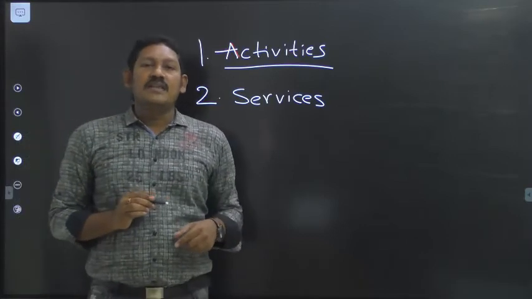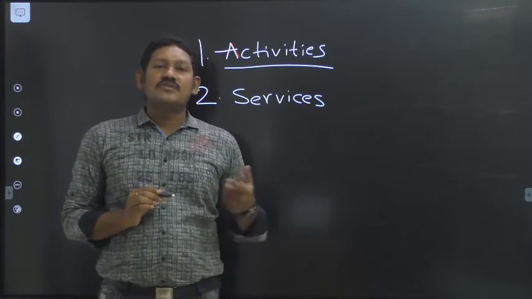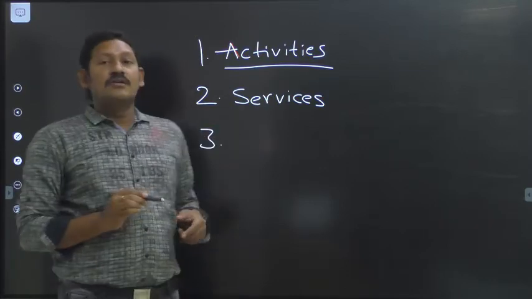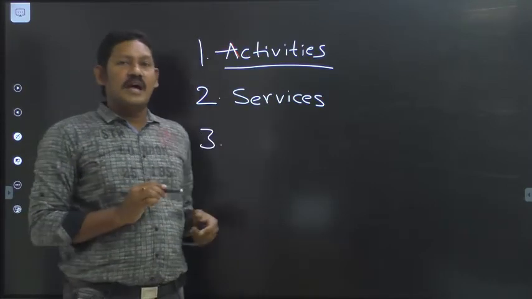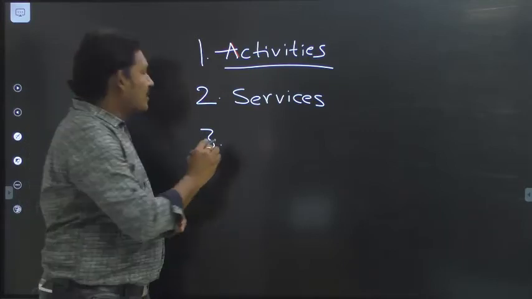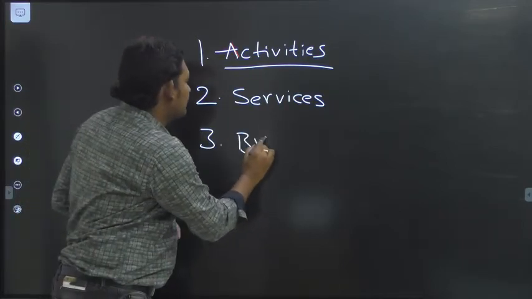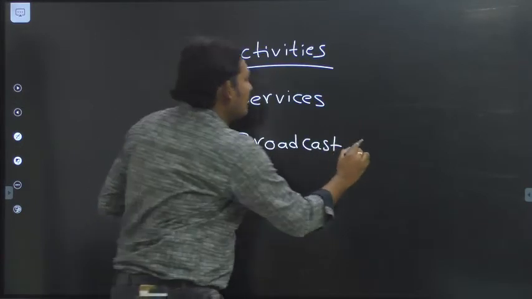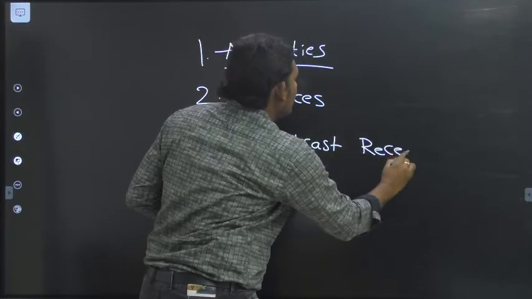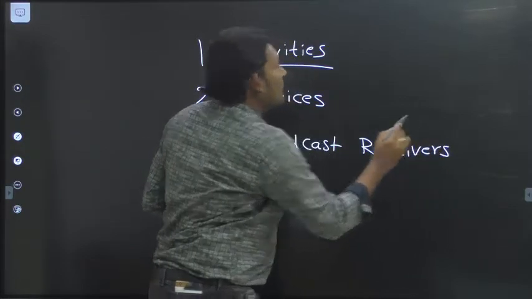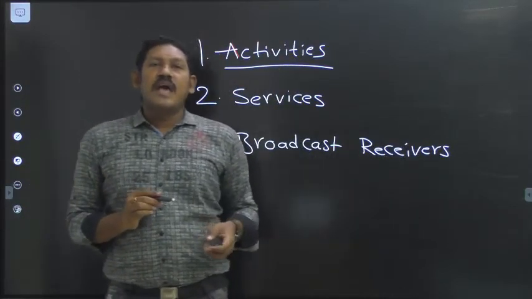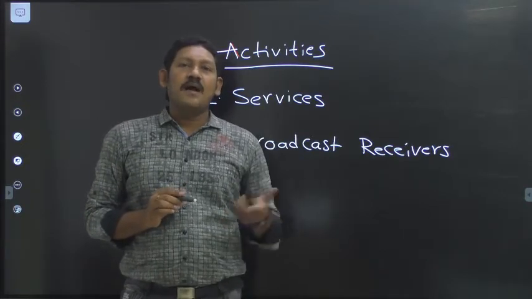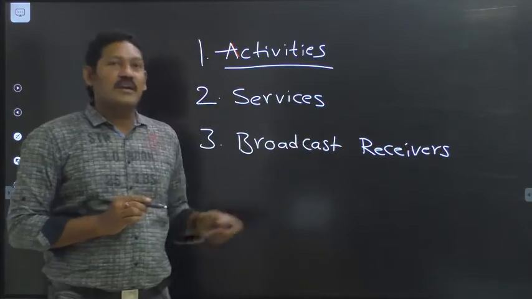They handle background processing associated with an application. The third one is broadcast receivers. They handle communication between the Android operating system and applications. That's the main use of broadcast receivers.